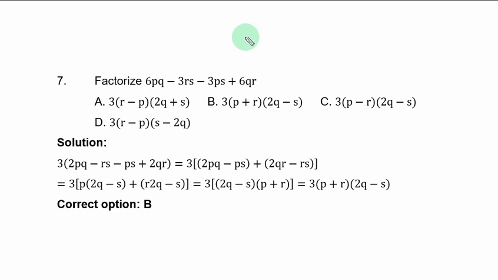Question 7. Factorize 6PQ - 3RS - 3PS + 6QR. This is factorization by grouping, but before then, if you check all the terms, 3 is common, so you factor out 3 first.